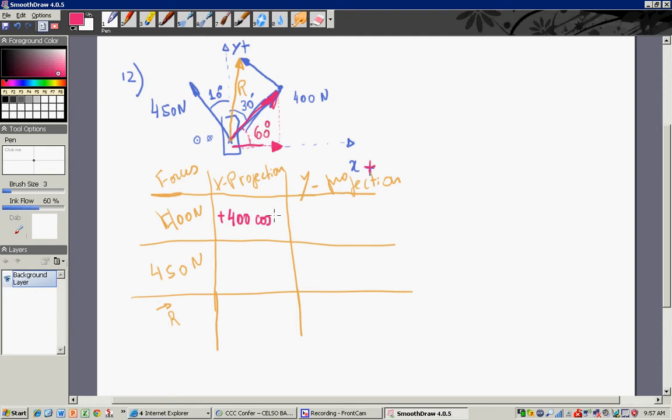So cosine of this angle here. It's not cosine of 30, it's cosine of this angle. So you must write down that angle, if you will.